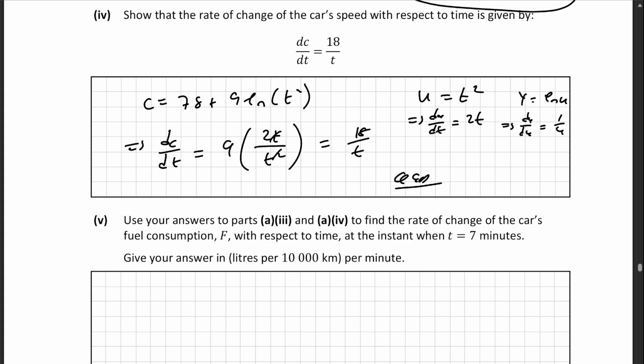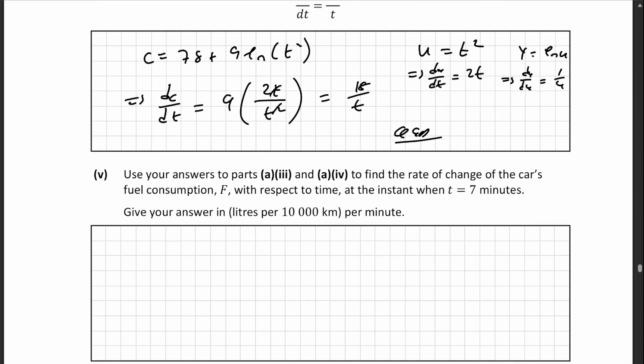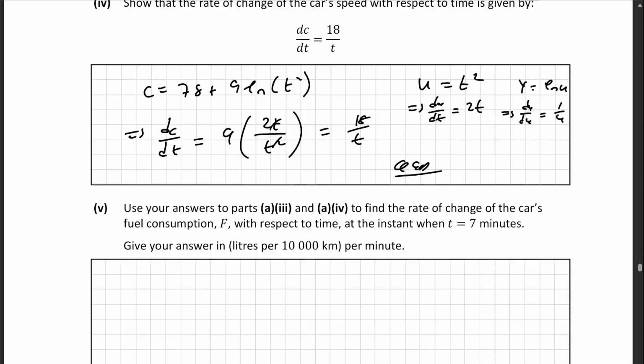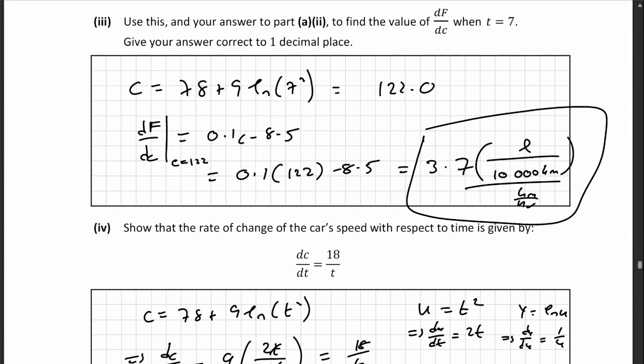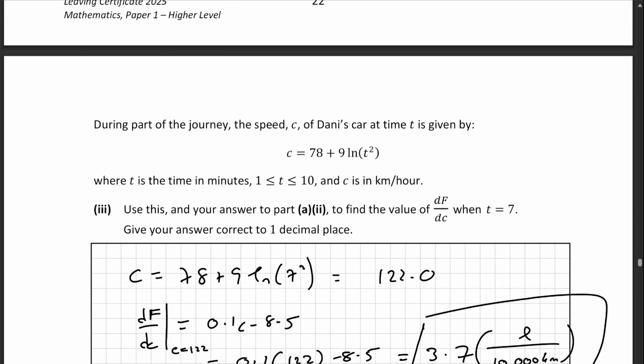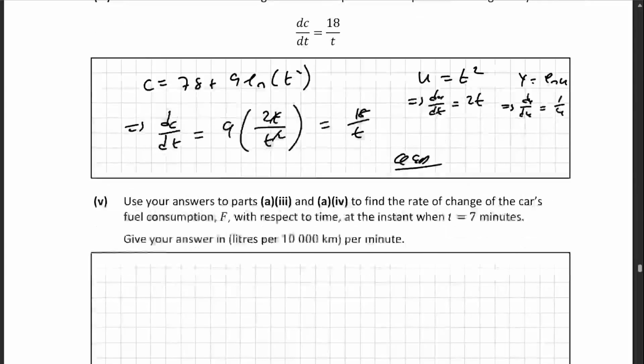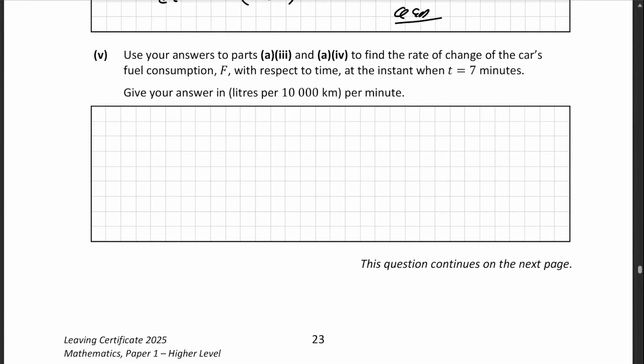Perfect. Use your answers for part 3 and part 4 to find the rate of change of the car's fuel consumption with respect to time at the instant when t is 7 minutes. Give your answer in litres per 10,000 kilometers per minute. Okay, speed is in kilometers per hour, so we have to be a bit careful here.